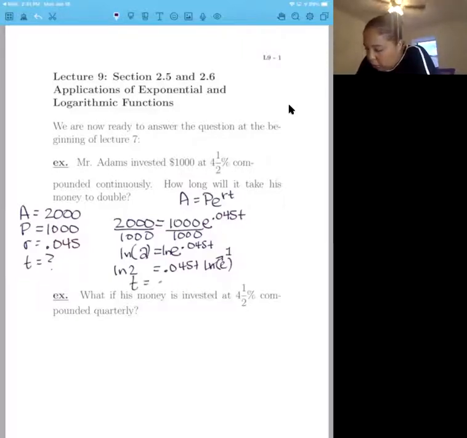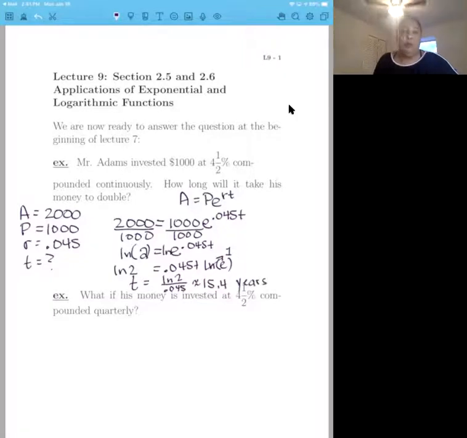So t equals the natural log of 2 divided by 0.045, and that is going to give me approximately 15.4 years. And my math lab will tell you how many decimal places to round to.